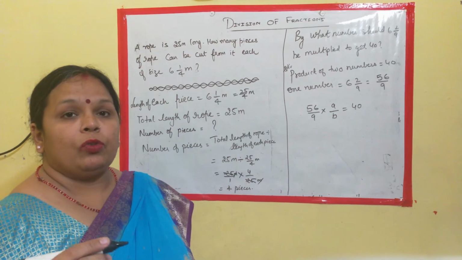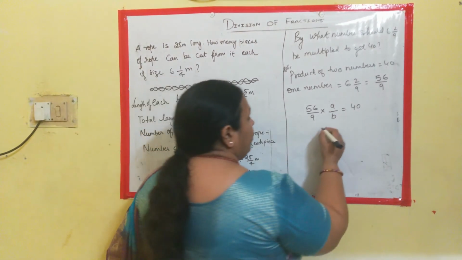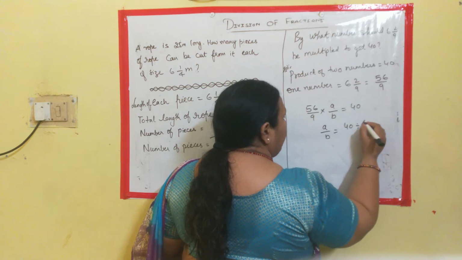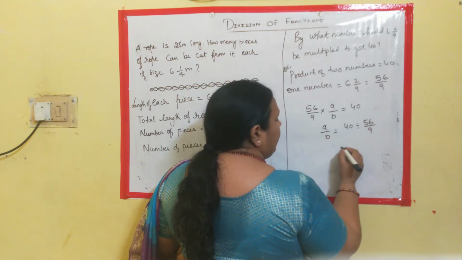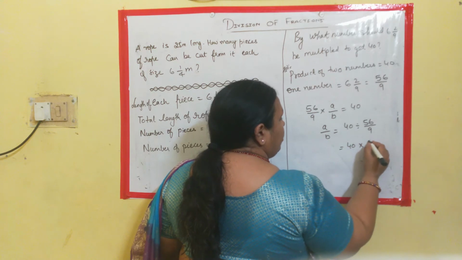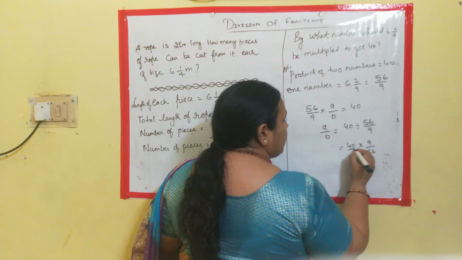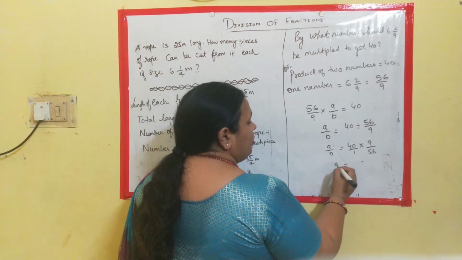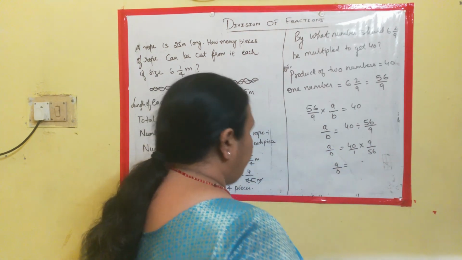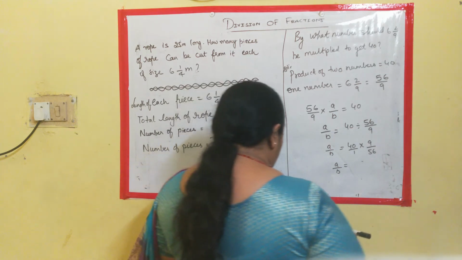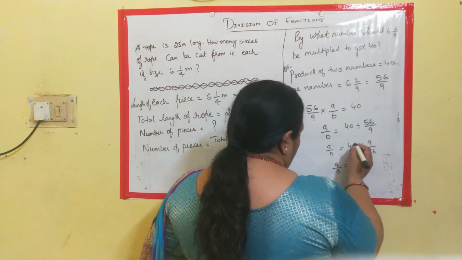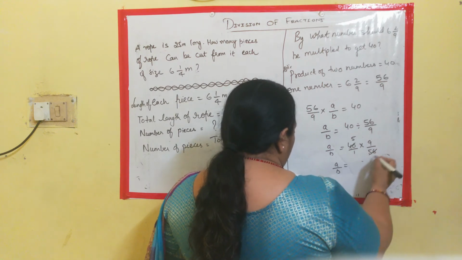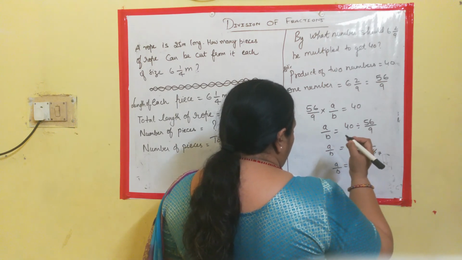Just like we have solved one example. That means the value of a by b is 40 divided by 56 by 9, which comes as 40 into 9 by 56. This is 1. And when you do the cancellation, the remaining part comes as, this is 5 times, 8 5s are 40, 8 7s are 56.